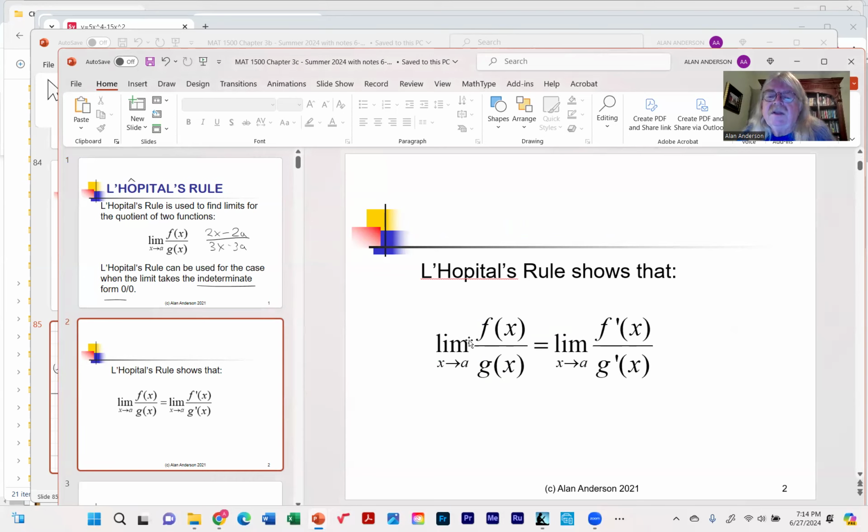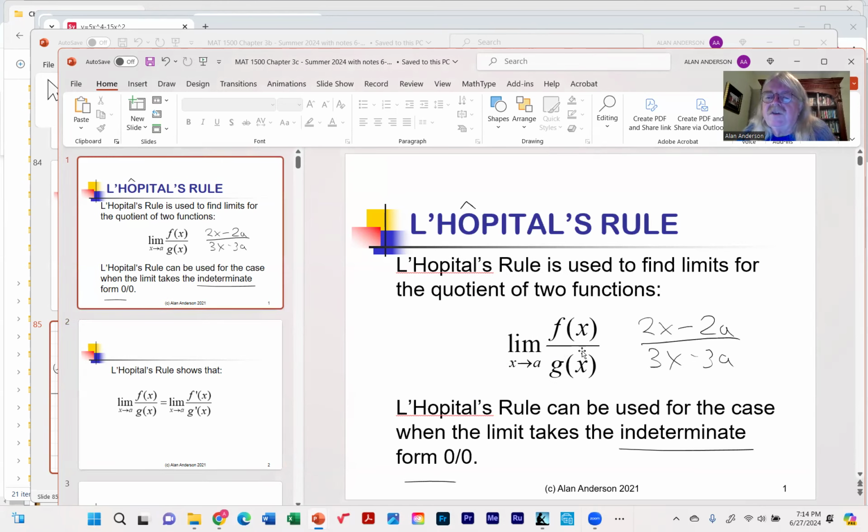It turns out the limit as x goes to a of f of x over g of x equals the limit as x goes to a of f prime of x over g prime of x. So if we take the derivatives and we do not have 0 over 0, then we have our limit. Now, sometimes it works and sometimes it doesn't. But when you see 0 over 0, your first instinct should be to try L'Hopital's rule, take the derivatives and see what happens.